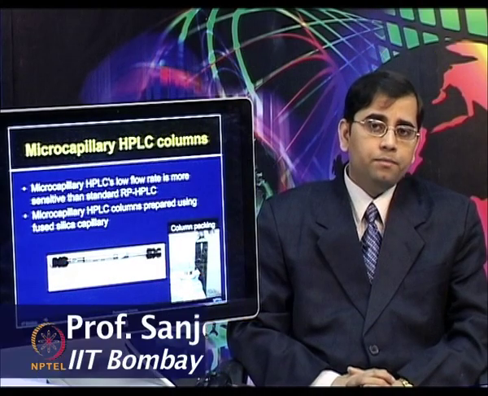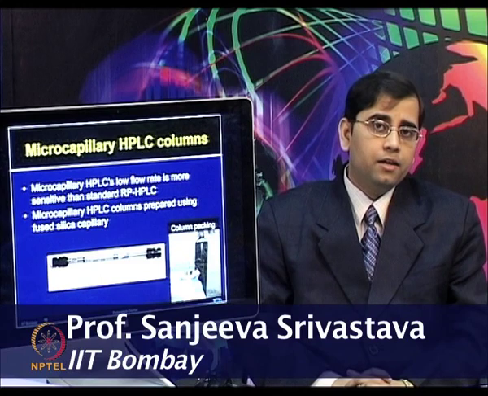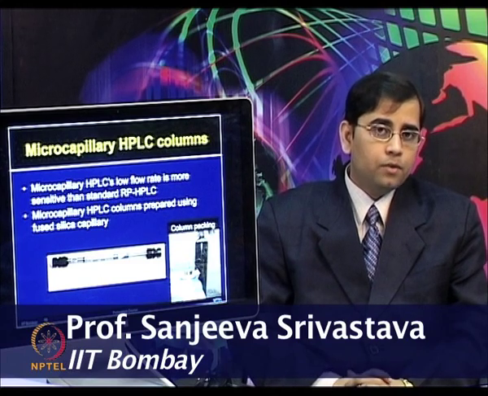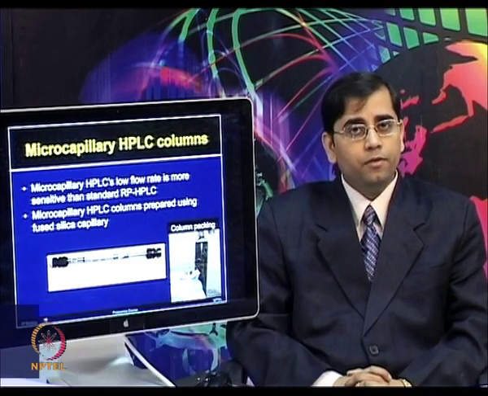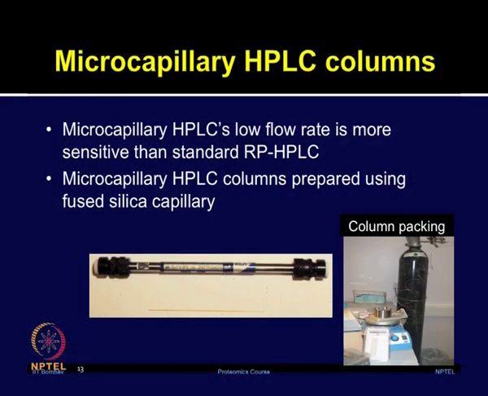Now, HPLC can be microcapillary, it can be nano LC, or it can also be different types of chip based chromatography separation. For proteomics, various types of microcapillary, nano LC and chip technologies are currently used. In microcapillary HPLC, the low flow rate, which is less than 1 microliter per minute, is more sensitive as compared to the standard reverse phase HPLC, which is around 50 microliters per minute.